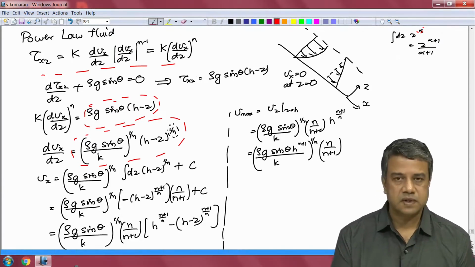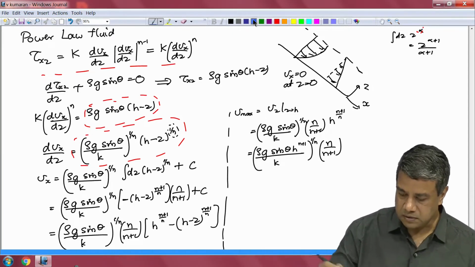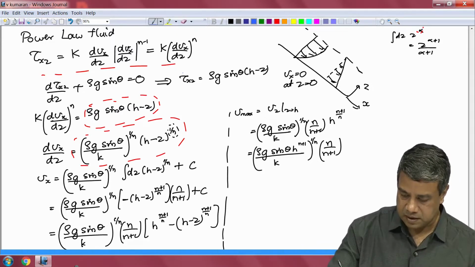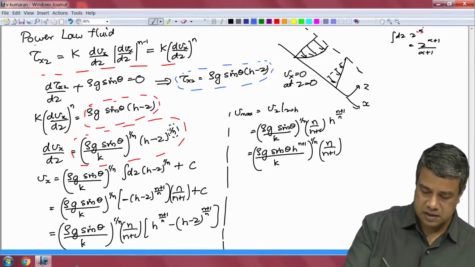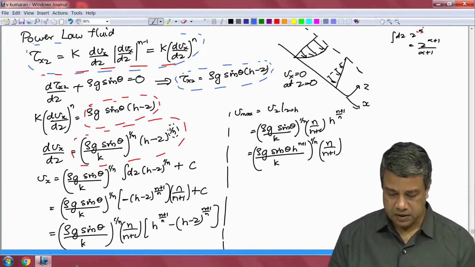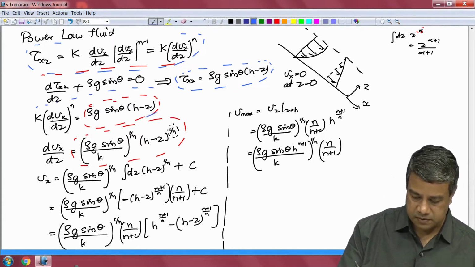Therefore, the solution for the stress is exactly the same as we got for a Newtonian fluid. That solution for the stress does not depend upon the kind of fluid being studied. However, the relation between the stress and the velocity profile is now different. Therefore, I have to use that relationship in order to find the velocity profile.